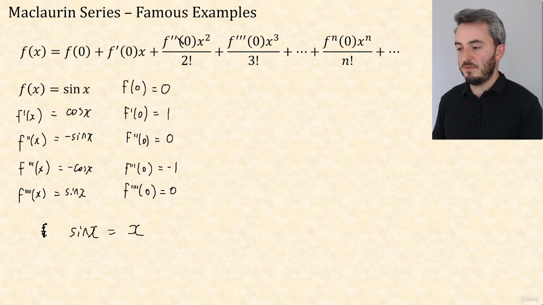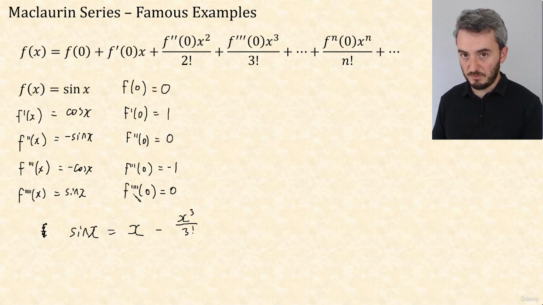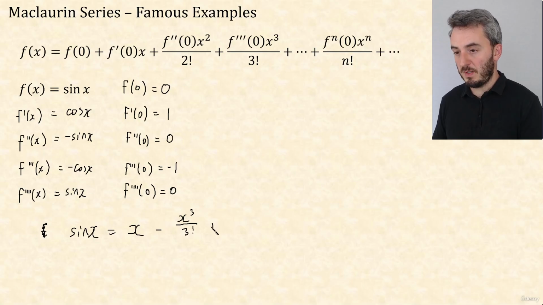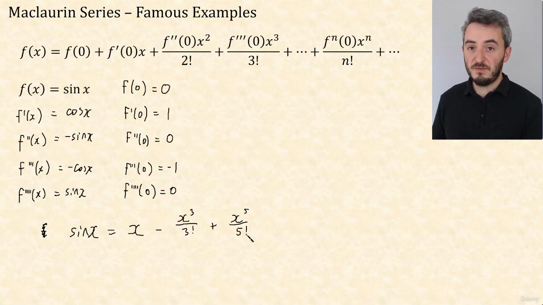Then it's the second derivative, but that's 0. Then it's the third derivative, minus 1 times x cubed over 3, so minus x cubed over 3 factorial. Then the fourth derivative, which is 0. The fifth derivative would be 1, so that would be plus 1 times x to the 5 over 5 factorial. The sixth derivative would be 0.